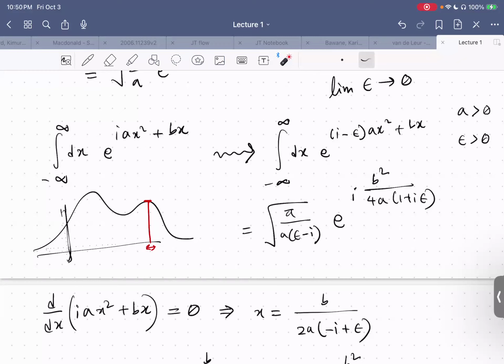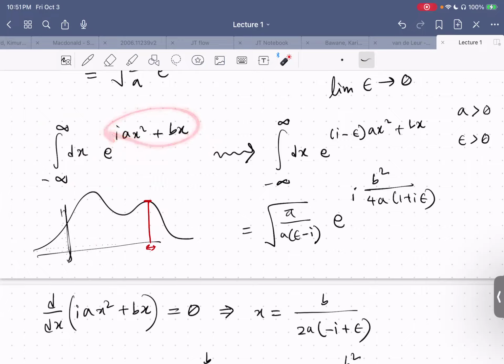So that's what roughly happens around a random value of x: when you vary x, this phase fluctuates rapidly, and when you add them up, those contributions mostly cancel each other. This doesn't happen near a critical point, because near a critical point, this value remains basically constant. So now you have constructive interference. It makes sense that this integration will pick up mostly contributions from around critical points of this function.